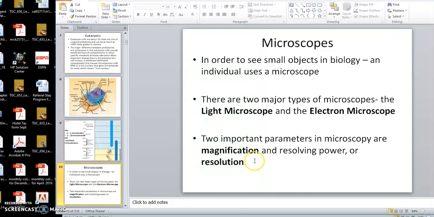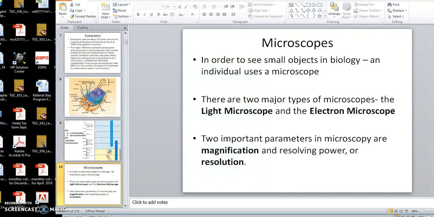The magnification and resolution, clarity, is better with the electron microscope than the light microscope. However, anything being seen under the electron microscope must be dead, because a flow of electrons is tantamount to electricity.